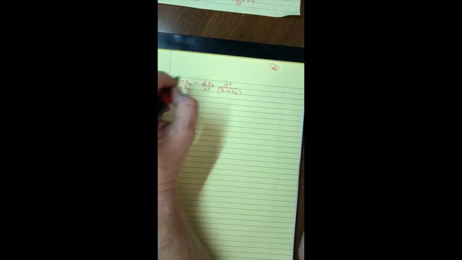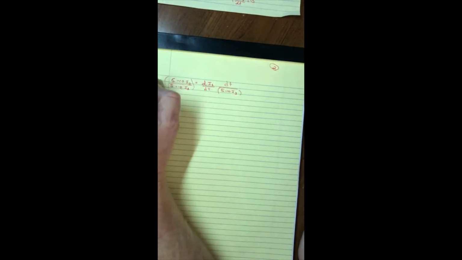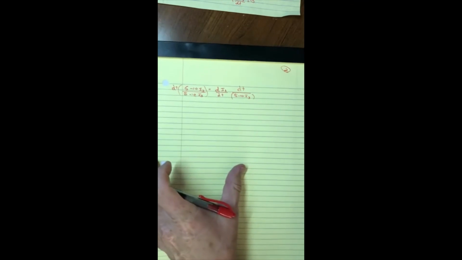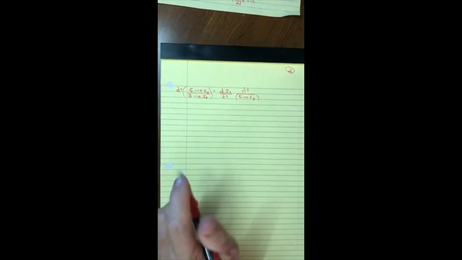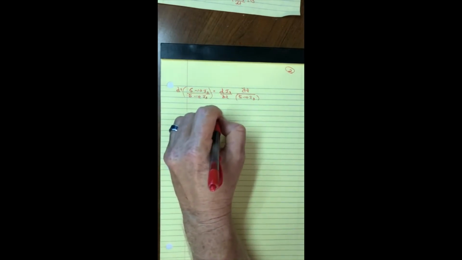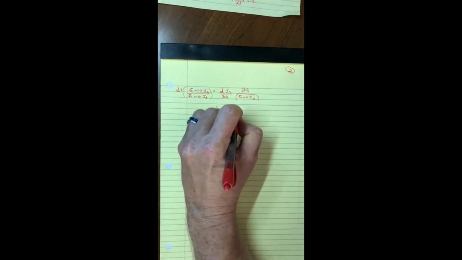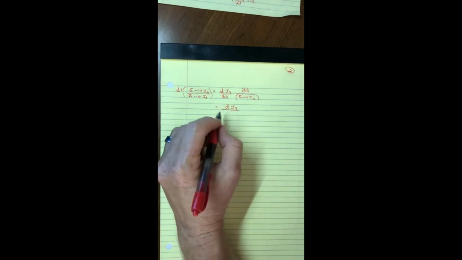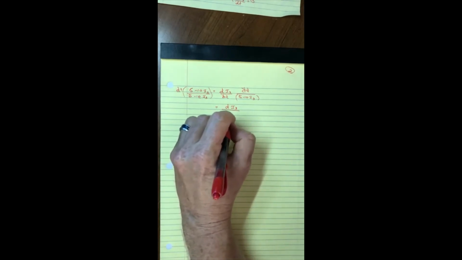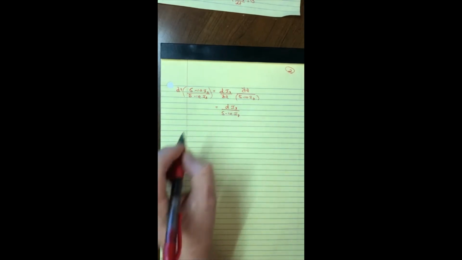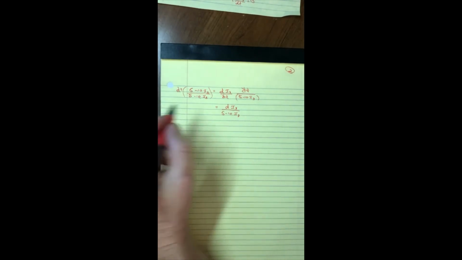And then, of course, if we multiply both sides by dt, that would eliminate time on the right-hand side. So on the left-hand side, we have just the I3s. And on the right-hand side, we have just a dt. And that's the big step of solving any of our differential equations, is make it separable.